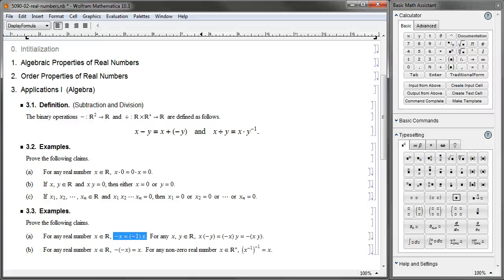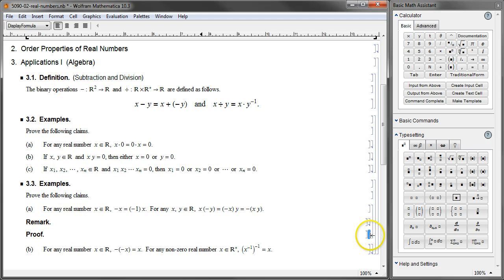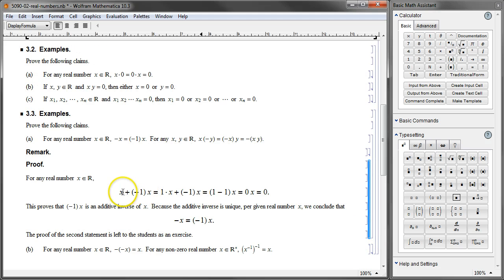Well, you can use uniqueness. If this right hand side satisfies the condition of the additive inverse, then it will be negative x because there's only one additive inverse. In short, if x plus negative 1 times x is equal to 0, then everything is true. Well, here it is. We began with x plus negative 1 times x.